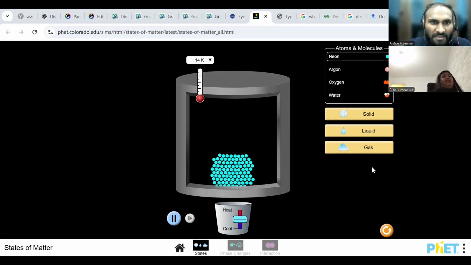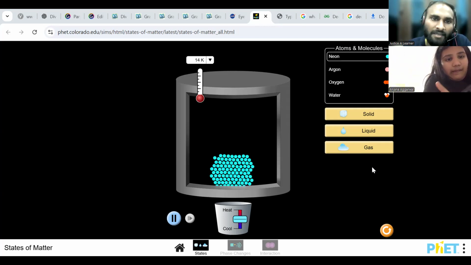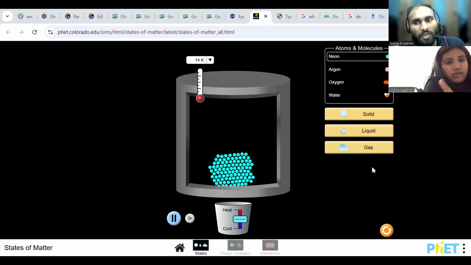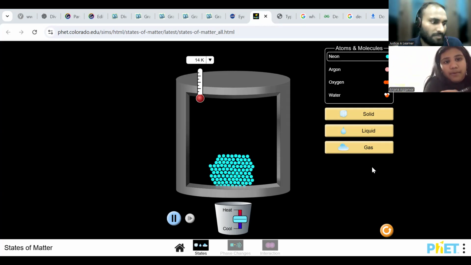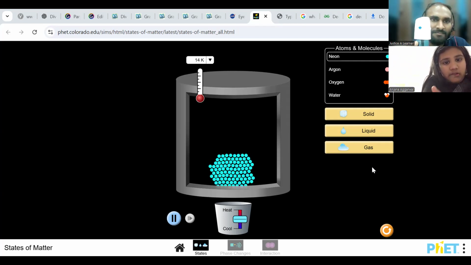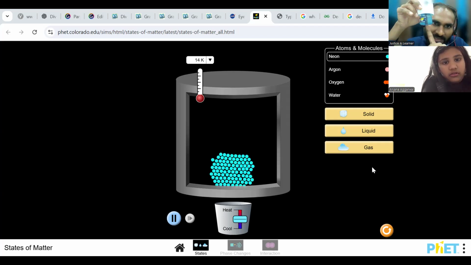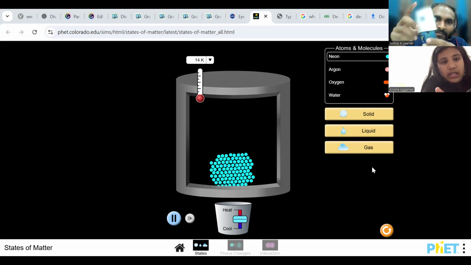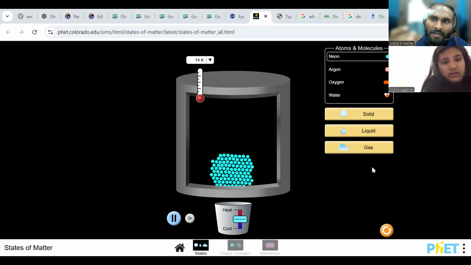This is a topic of physics, basically in science. So matter exists in three forms: solid, liquid, and gas. Can you tell me, this is solid, liquid, or gas? Solid. And inside this, gas.